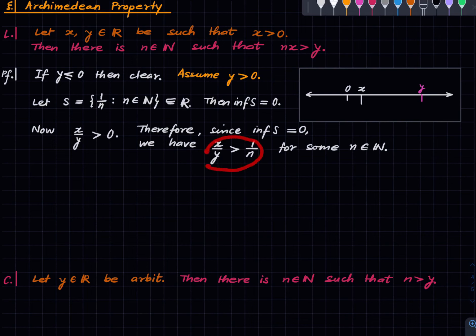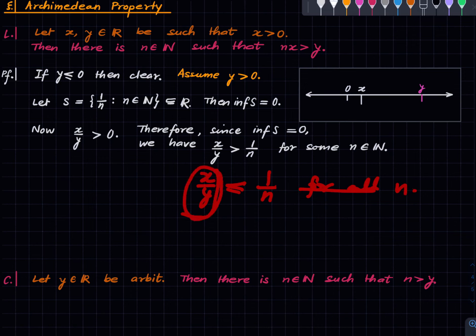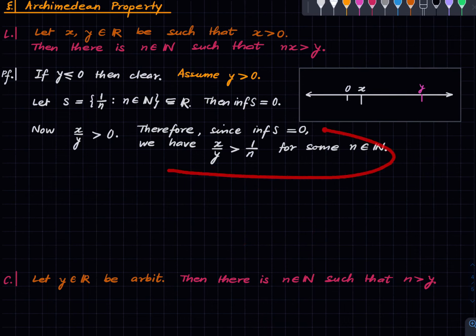We are claiming that there is n such that this happens. Assume that it's false, then we would have this is less than or equal to 1 by n for all n, and that would mean that this is a lower bound of the set S, and therefore dominated by the greatest lower bound. The greatest lower bound is 0, and that would mean a positive thing is at most 0, and that would be a contradiction. So that's the reasoning here.